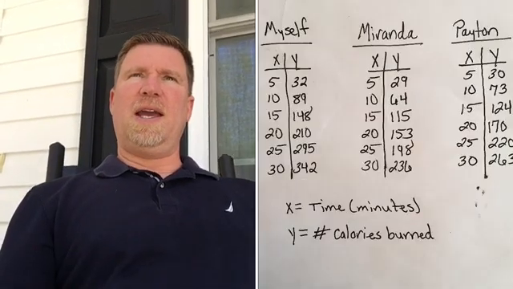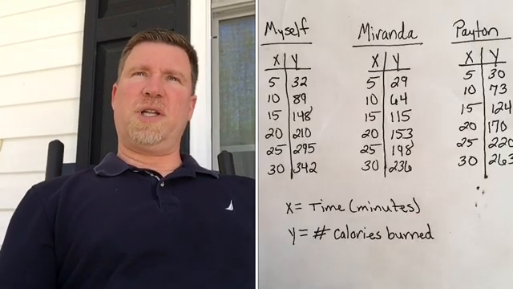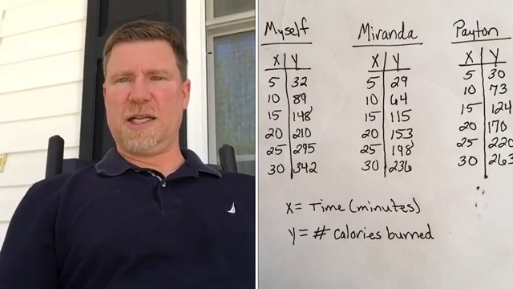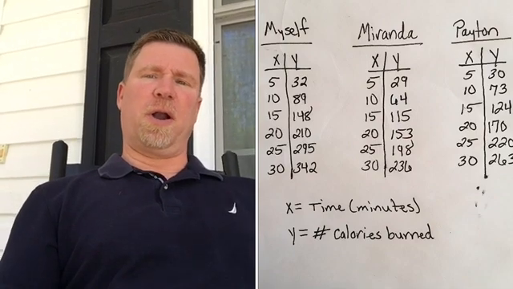What I've done is I've taken the data, the information that was gathered from the three of us riding on that elliptical machine, separately of course, and I put it into a table format. So I've transferred all the data for each of us individually into an XY table. The X stands for or represents the number of minutes, where Y represents how many calories were burned.